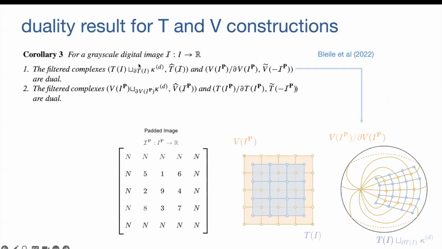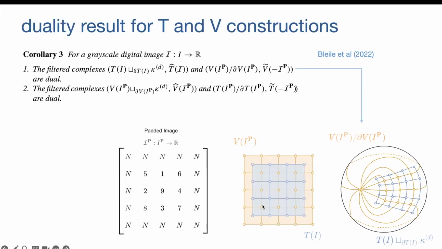And then what we're able to show is that if I have this T construction here, and I imagine, so I'll try and decipher this. This was a notational nightmare, this thing. But what I've got here is my T construction applied to my image pixels. And here I'm adding a single D-dimensional cell attached to the boundary of the T domain, okay?